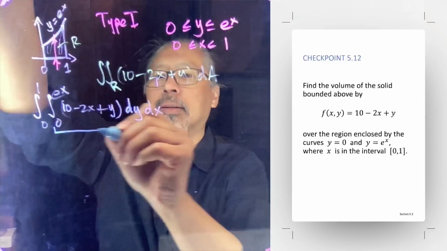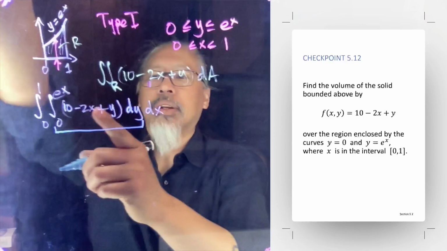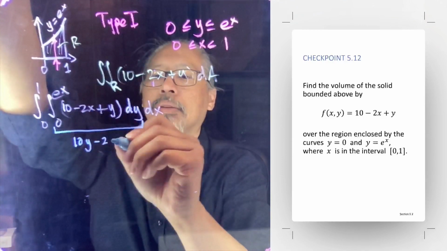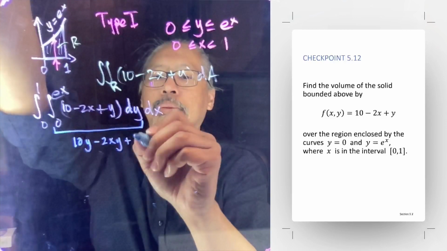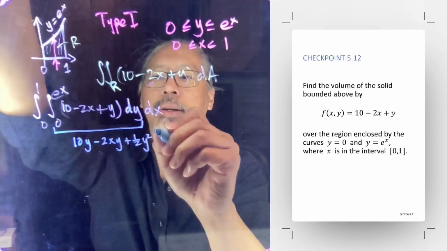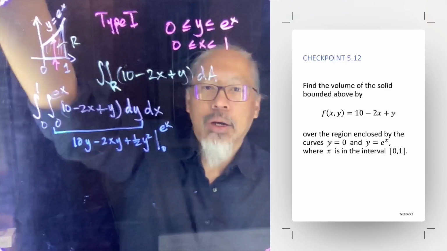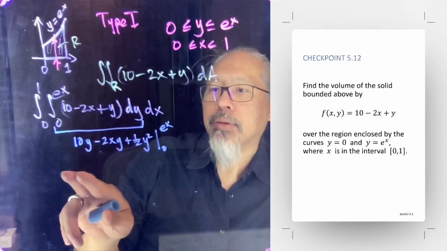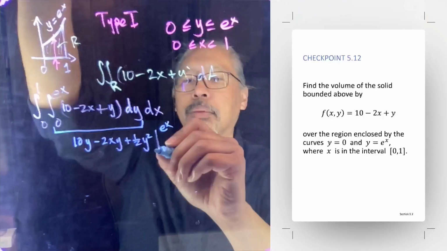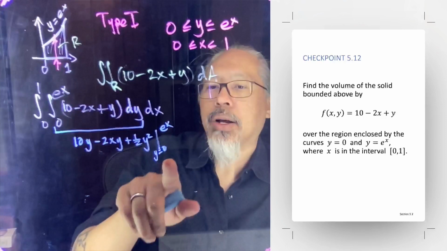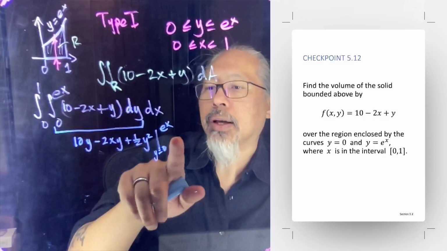Okay. In here, it's a pretty simple integral. We get 10y minus 2xy plus 1/2 y squared. We evaluate from 0 to e to the x. When we put 0 in here, everything disappears. These are y limits, by the way, so to make it explicit, we'll say y equals 0 to e to the x.